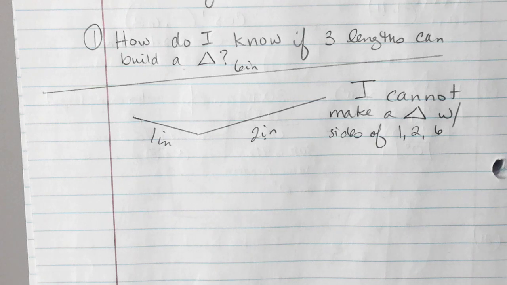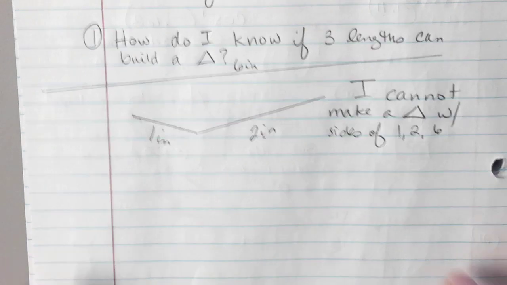So without us grabbing a ruler and drawing these, because what if I had 27 inches? I don't want to deal with 27 inches and a yardstick and things like that. So without having a ruler, how can we determine if 3 lengths will create a triangle? Well, here's the deal.